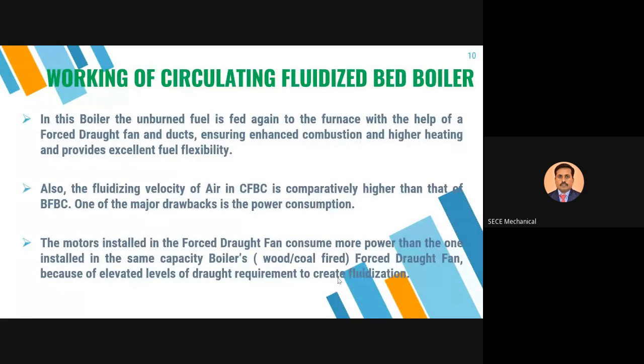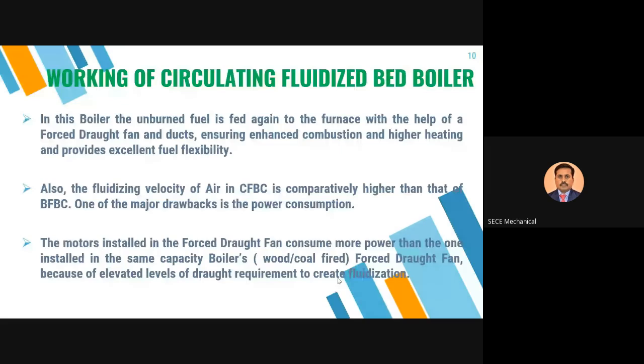So this is about the working of the fluidized bed boiler, the circulating fluidized bed boiler. In this boiler, the unburned fuel is fed again to the furnace with the help of a forced draft fan and ducts, ensuring enhanced combustion and higher heating, and providing excellent fuel flexibility. Also, the fluidizing velocity of air in the CFBC, that is, the circulating fluidized bed boiler, is comparatively higher than that of the BFBC.